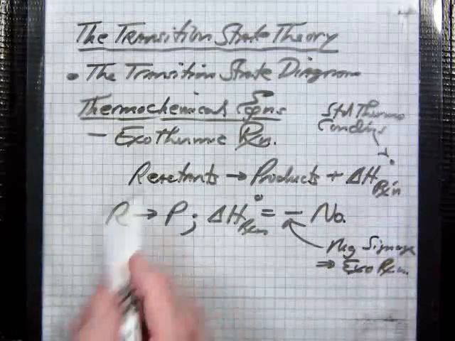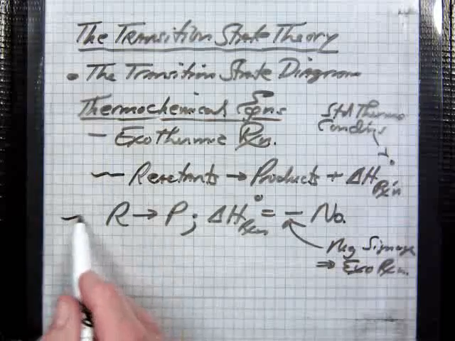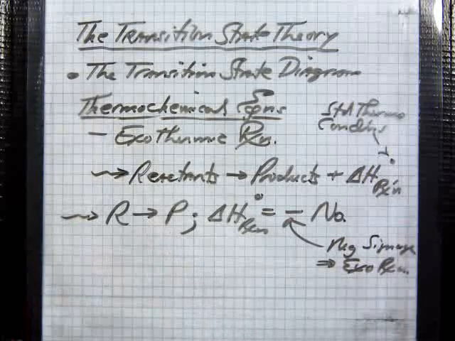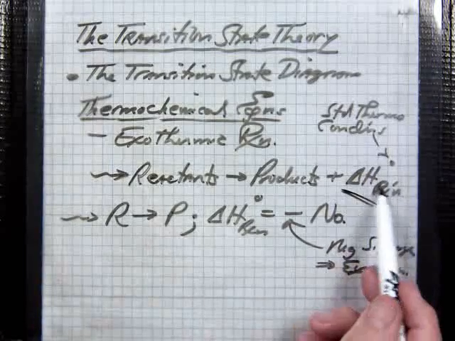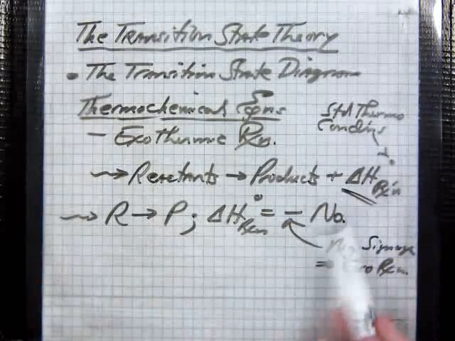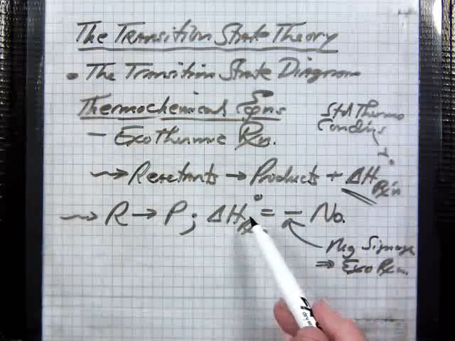Okay, so you have two ways to represent an exothermic reaction: if the numerical value is on the product side, or whether it's separated by a semicolon, delta H reaction.